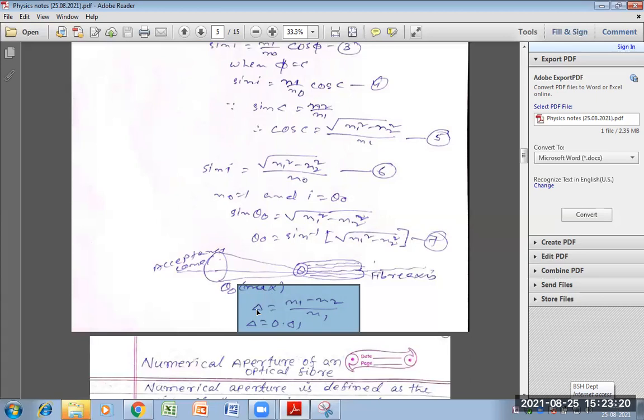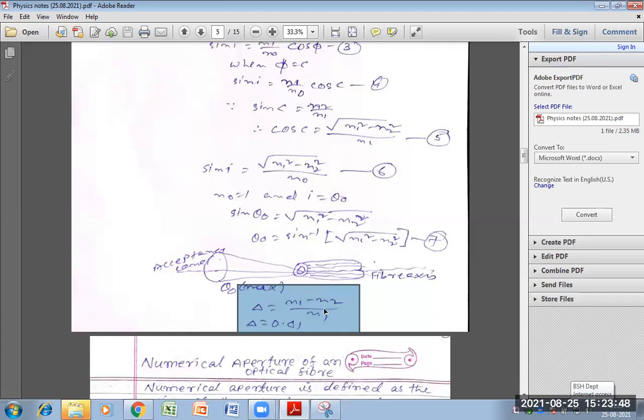The fractional refractive index change may be defined as the fractional difference delta between the refractive indices of the core and the cladding. It can be expressed as delta is equal to N1 minus N2 divided by N1. And the fractional refractive index change is of the order of 0.01.